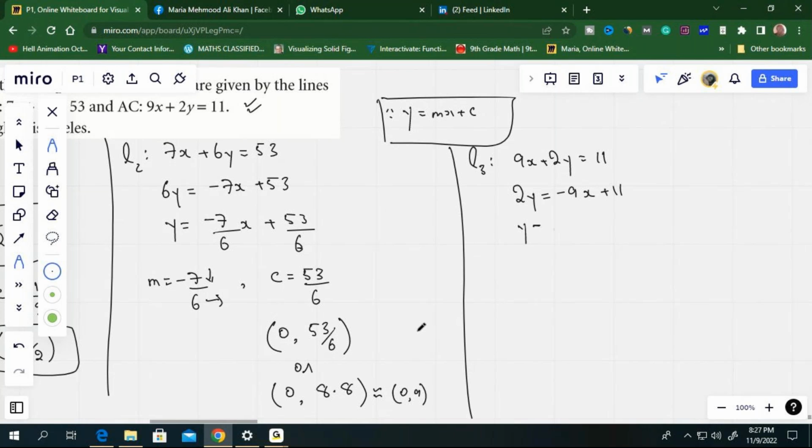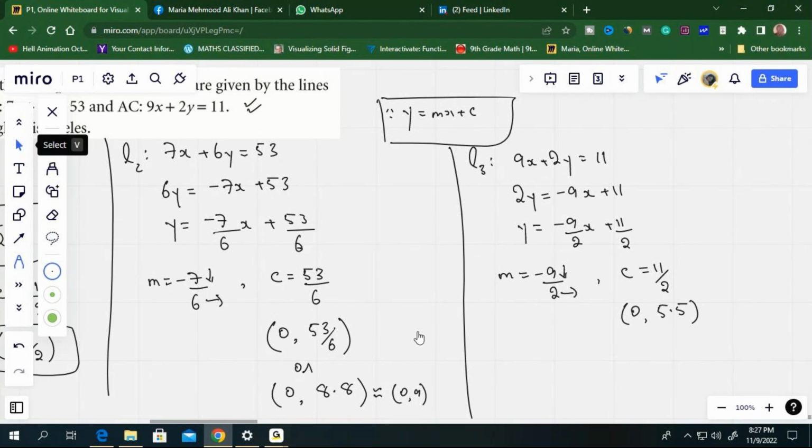So y is coming out to be minus 9 by 2 x plus 11 by 2. So my slope is minus 9 by 2, and my y-intercept is 11 by 2, which is (0, 5.5). Okay, this is the point. And you can move this point 9 units down and 2 units right. It is going to give you the other point, and you can move on.